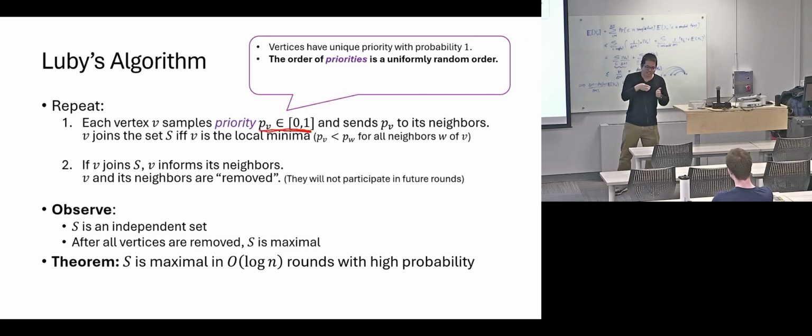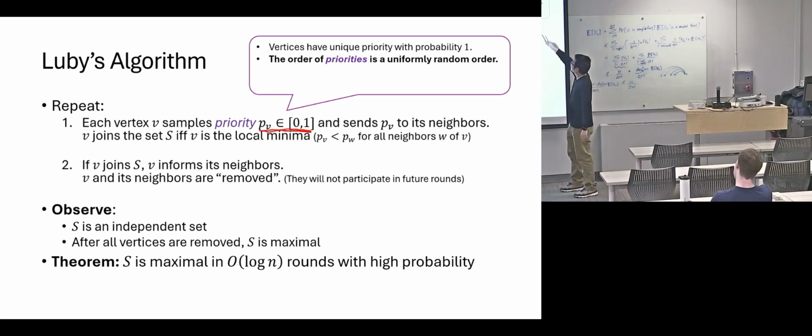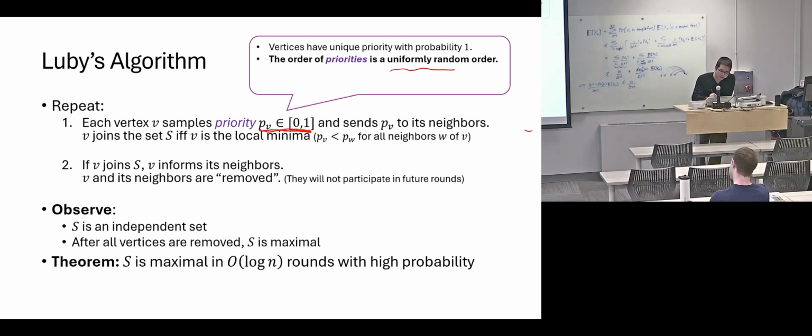There is no bias towards any ordering. So you will get a uniformly random order from the priorities. And by the way, this is all I actually want: a uniformly random order.